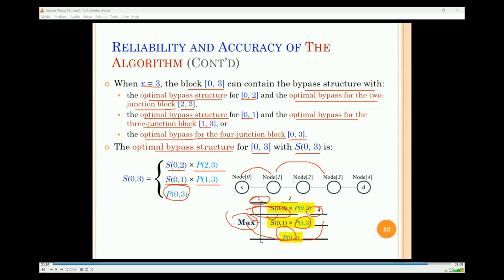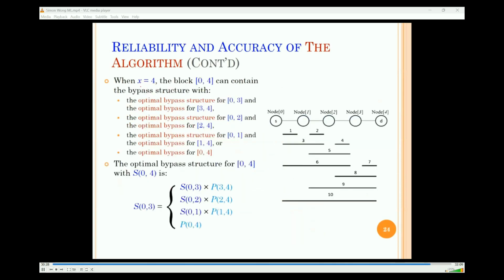So this ensures the largest value among all these different possible bypass structures, and we want to get the optimum. And finally, x is 4. We got all these different bypass structures, and we want to find out the bypass structure with the largest availability.